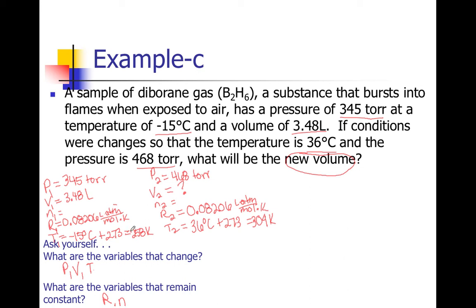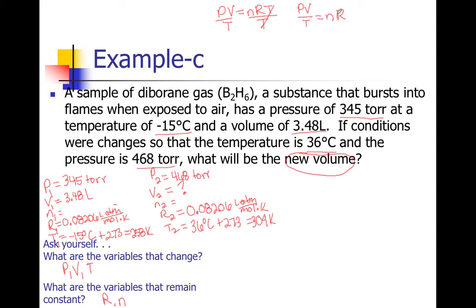So we need to write the ideal gas law so the variables that change are equal to those that are held constant. So PV equals nRT. Okay, so we know that N and R are held constant. So we're going to divide by T on both sides to isolate N and R. So PV divided by T is equal to NR.